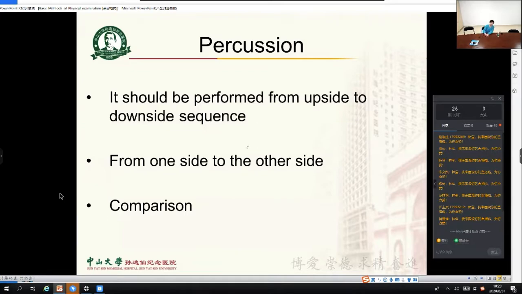It should be performed from the upside to the downside, from one side to the other, from left to right. And we compare both sides, and up and down. So these are the important aspects of percussion.